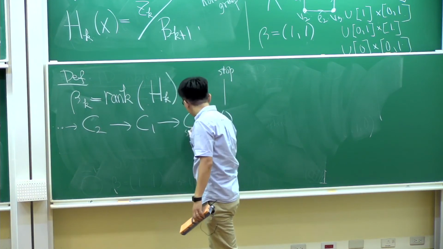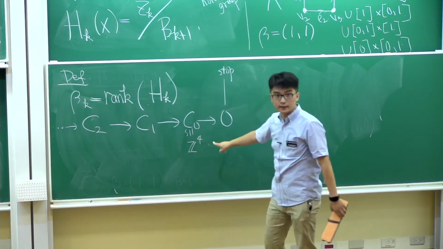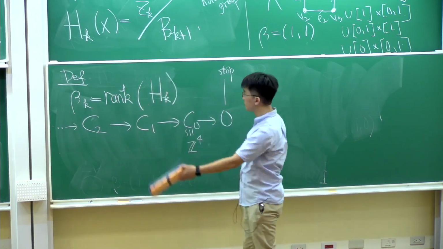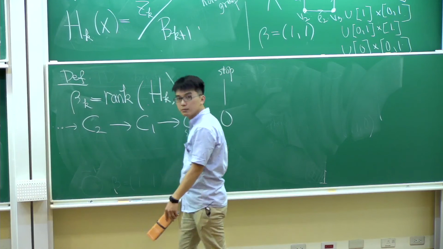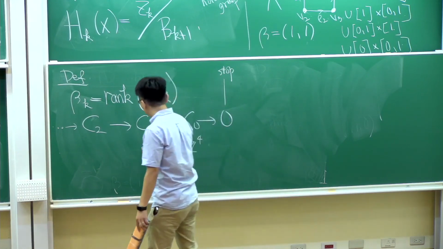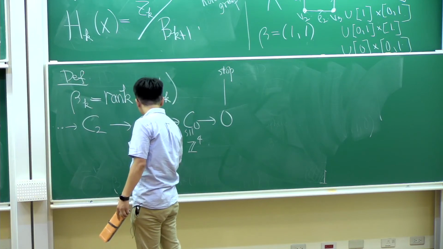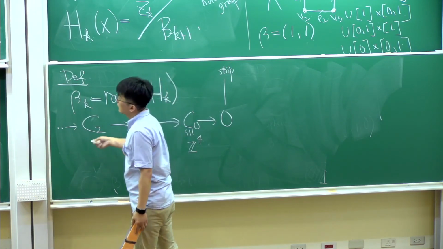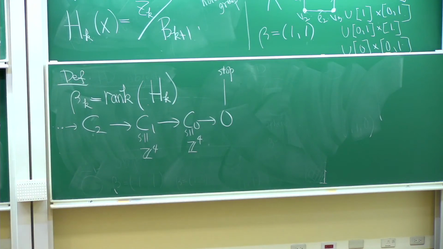So this is isomorphic to Z4, because I have 4 degrees of freedom, or the number of bases is 4. Similarly, this is isomorphic to Z4 as well. There's no C2, there are no faces in this example.